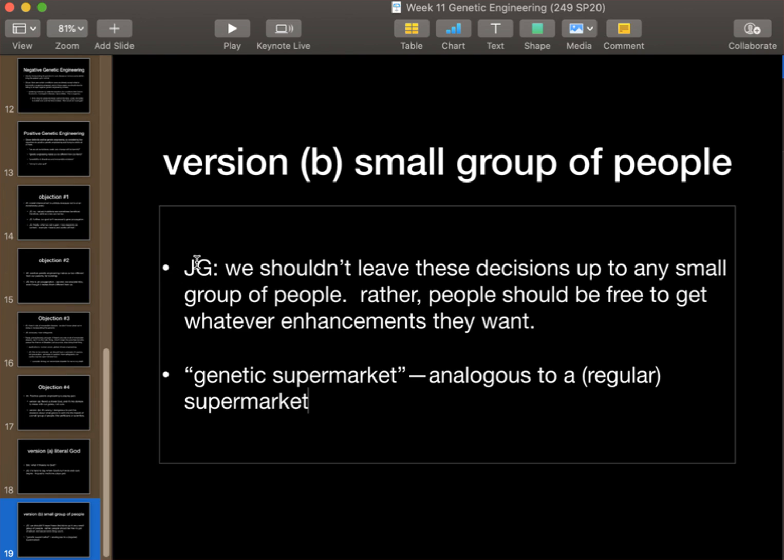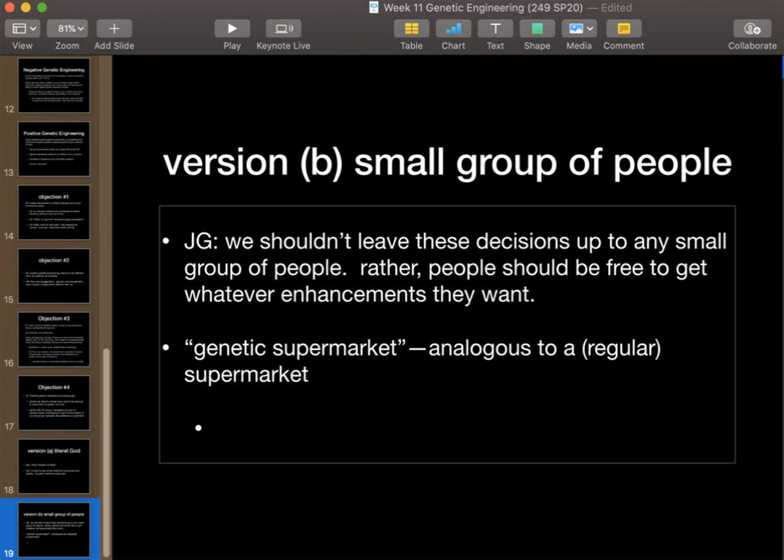So Glover says genetic engineering should be basically like that. It should be an area where people just want what they want and they're willing to buy it, and there's going to be people who are willing to supply it, and you just have market forces determine, using supply and demand, who gets what. Okay, so there's no kind of global top-down decision-making from the president or something about what is available. No, it's just things that people want, that's what companies will produce, and things that people don't want, companies won't produce that. Okay?